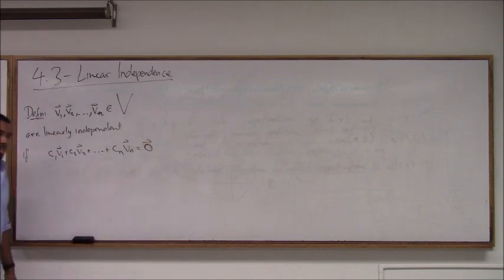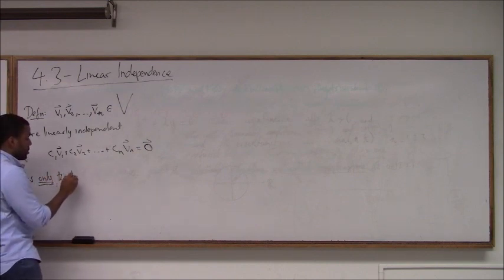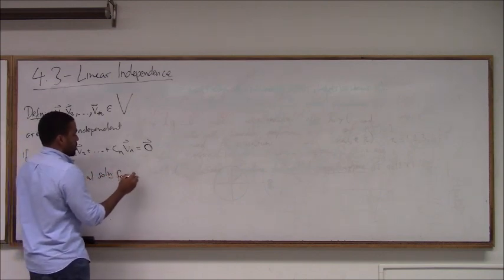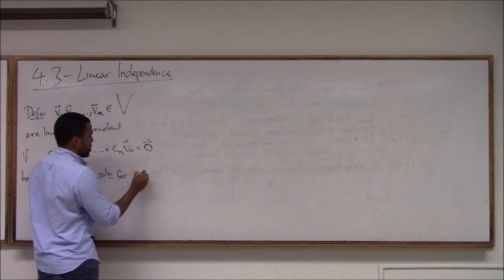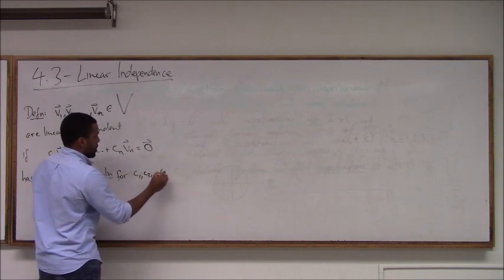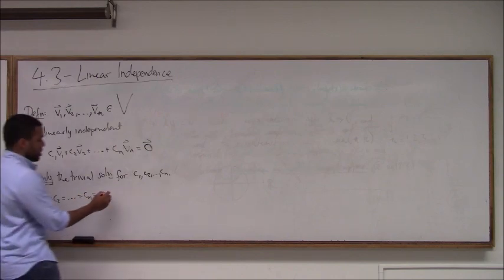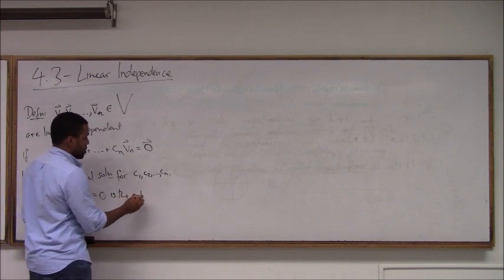What is it about this equation that makes it linearly independent? It has only the trivial solution, right? So it has one solution and exactly one solution, and that's the trivial solution for the coefficients c1 through cn, i.e. c1 equals c2 equals ... equals cn equals the scalar value 0 from your field is the only solution.